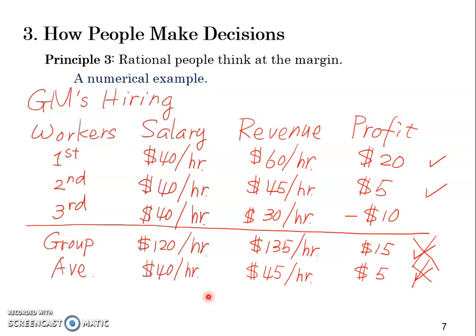If there are some empty seats on the plane, should the airline sell the ticket at the last minute? Common sense would say no, because the average cost is $500 and you only offer $300, which is below the average. So we cannot cover our cost.